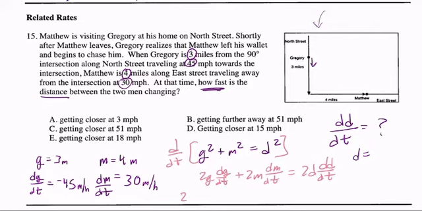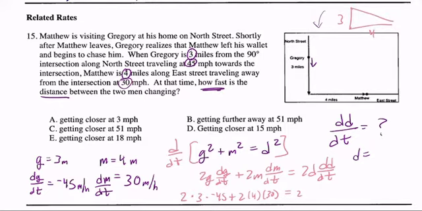We would have 2 times whatever g is, which is 3, dg over dt is negative 45, and then plus 2m, which is Matt's distance, so that would be 4, and then dm over dt, which is 30. Then we have 2d. Now we got to find the d. So how would we find the d? Well, we have 3 and 4.